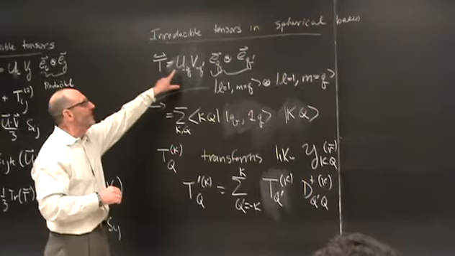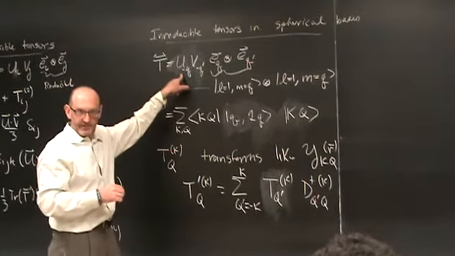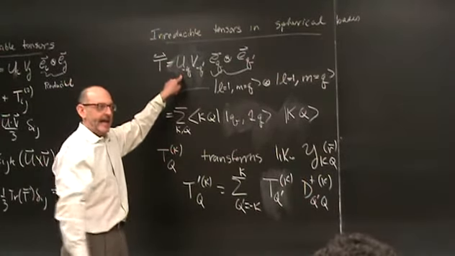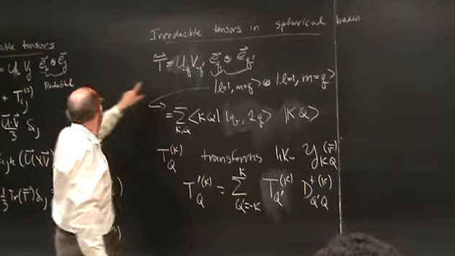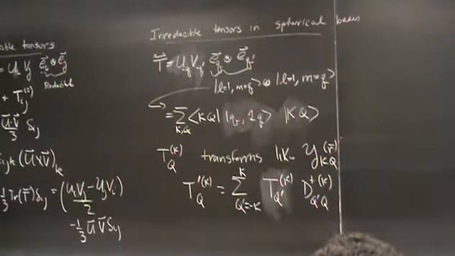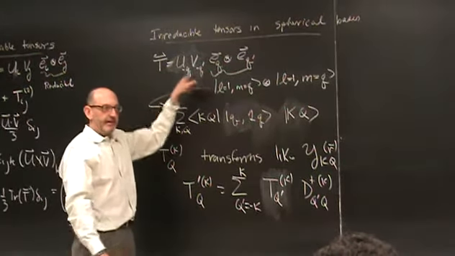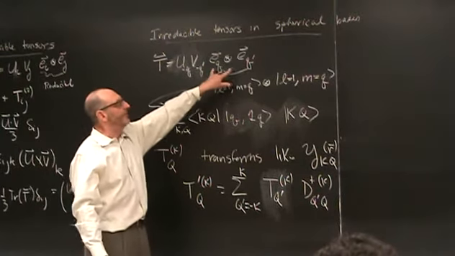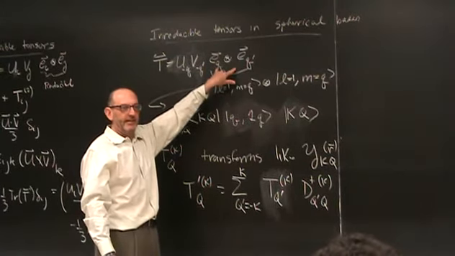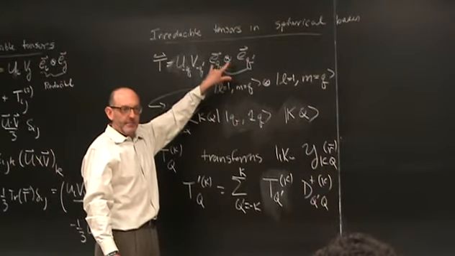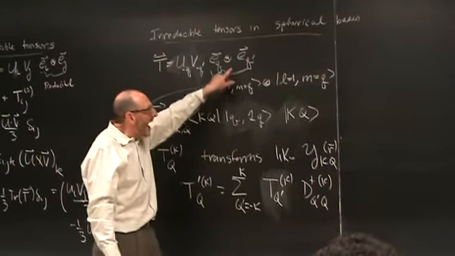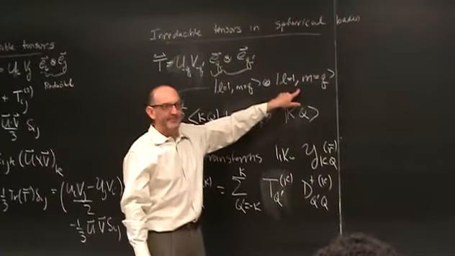Suppose I write each of the vectors that were in the dyadic, U tensor V, in the spherical basis. Well, this is the tensor product between those spherical basis vectors. But that's isomorphic to this, right?